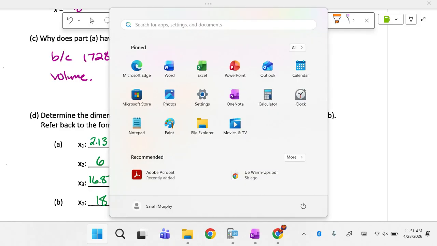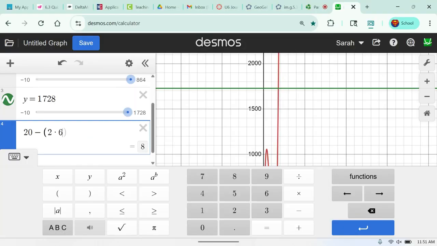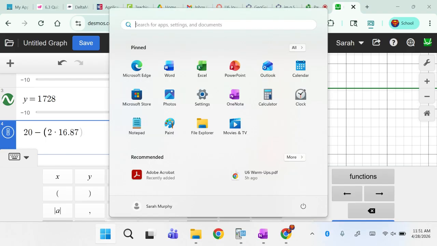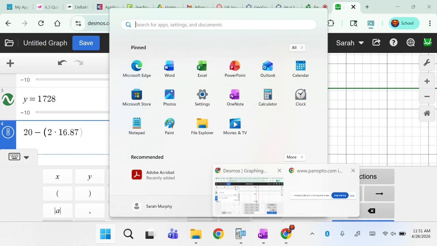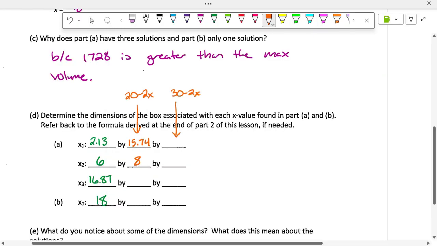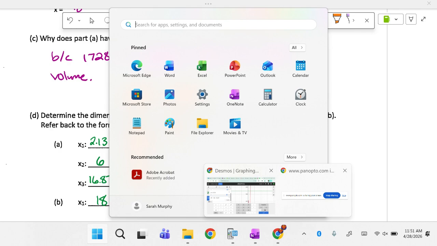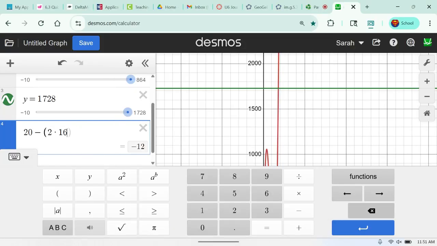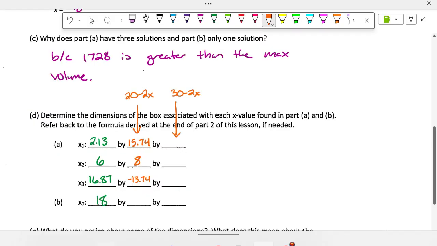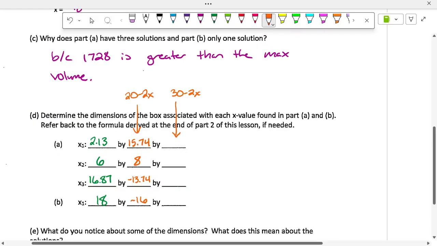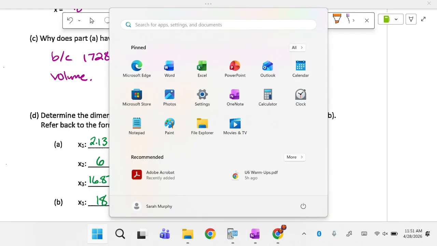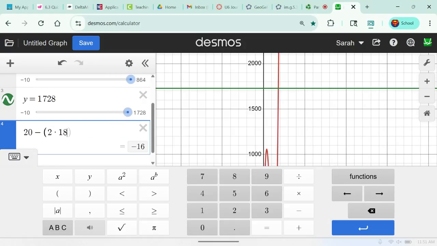If I put in 16.87, we get negative 13.74. And then if I put in 18, we get negative 16. If I do the same thing, but replace the 20 with 30, so that's the other dimension, I'm going to change this to be 30.